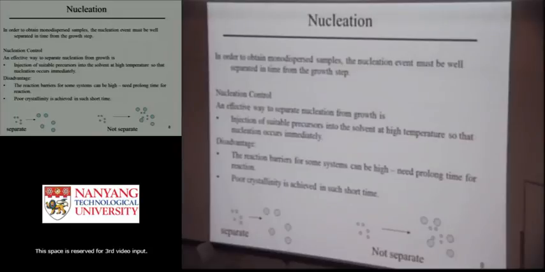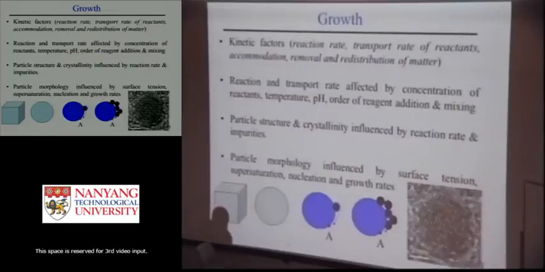You separate them from each other, and you will have relatively uniform nanoparticles. If you have a very slow nucleation, you will have such a mixture, and you will have non-uniform nanoparticles. That's referred to the last point right here. The effect of supersaturation on the morphology will be shown in the next slide, so we will see it later.